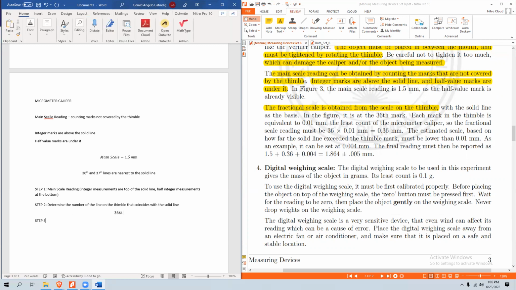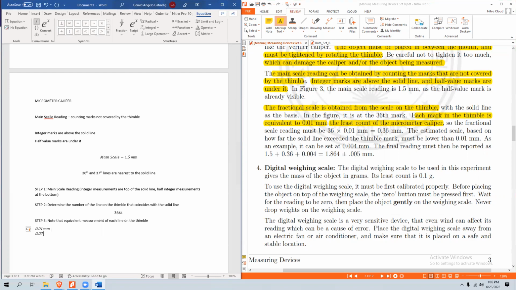So step 3, note the equivalent measurement of each line on the thimble. So in this case, each mark on the thimble is equivalent to 0.01 millimeters, which is the least count of your micrometer caliper. So 0.01 millimeters daw.